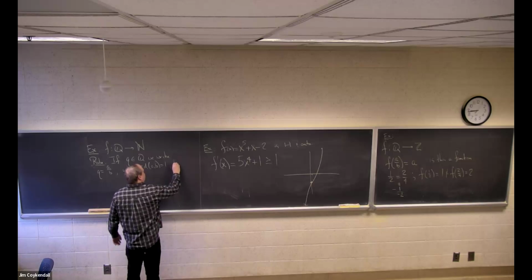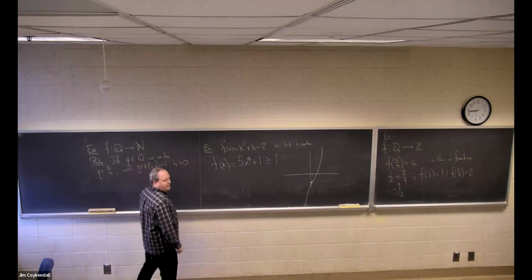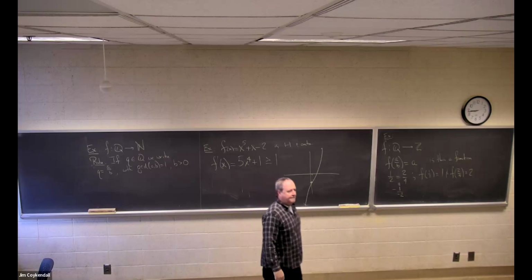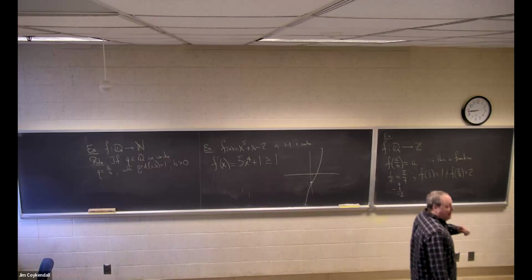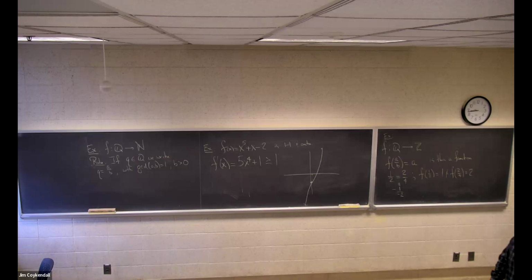So let me say this. Now, does everybody agree? What I've done with those two conditions is that I've pigeonholed your fraction. There is only one way to write a fraction this way, right?